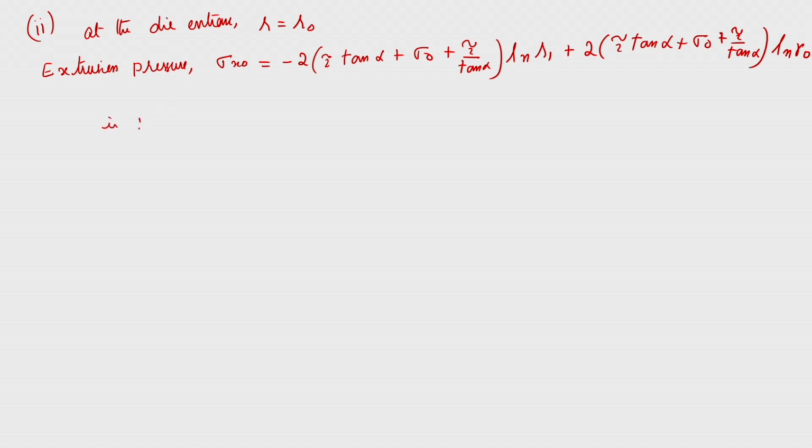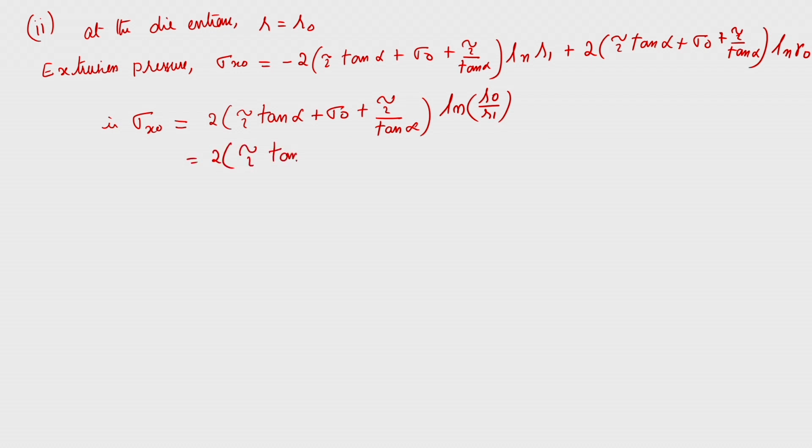Or that is sigma x 0, which is the extrusion pressure which you required, we can write it as 2 into tau tan alpha, because just doing a simple mathematical manipulation, rearrangement, you will get it as tau by tan alpha into log R 0 by R 1, or that is also equal to, in terms of area, 2 tan alpha plus sigma 0 plus tau by tan alpha.